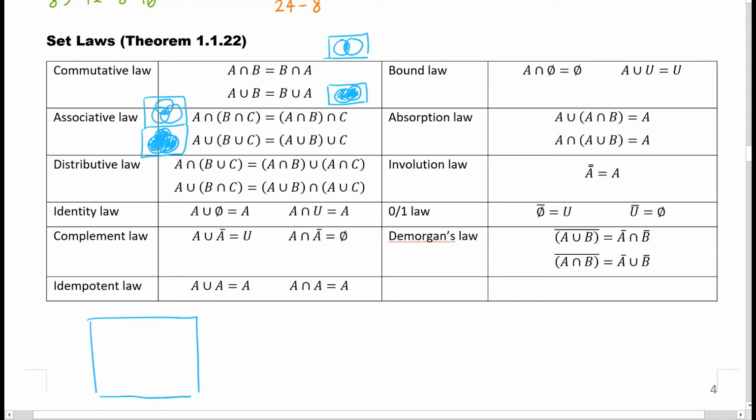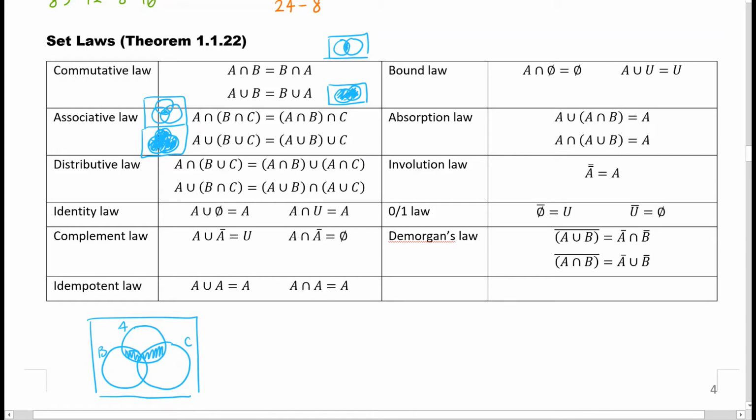We have A, B, and C. First we want to union B and C. B or C is right there, right? And we want to intersect with A. When we intersect with A, this is what we get.